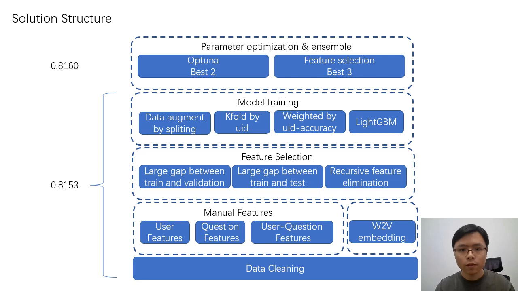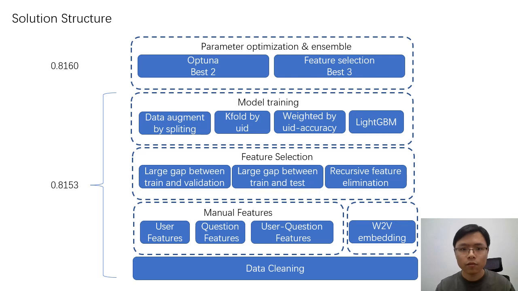In the feature selection module, all these three methods have been tried. We need to reduce the gap between train validation and the test sets. And after recursive feature elimination, scores could be improved.